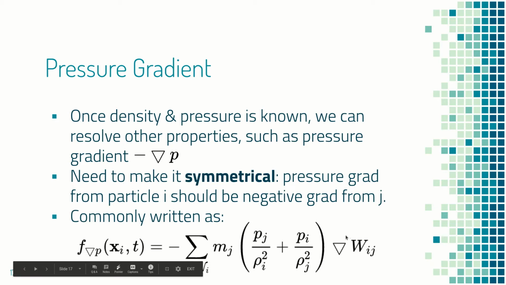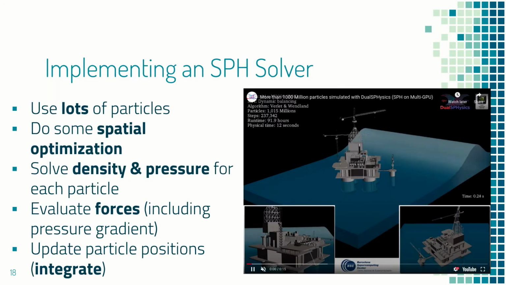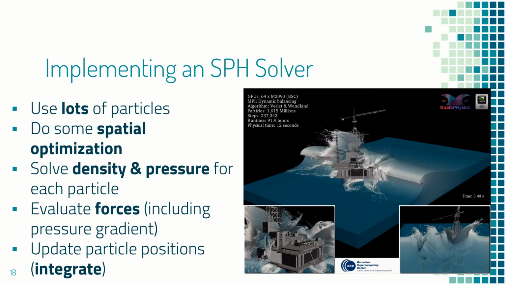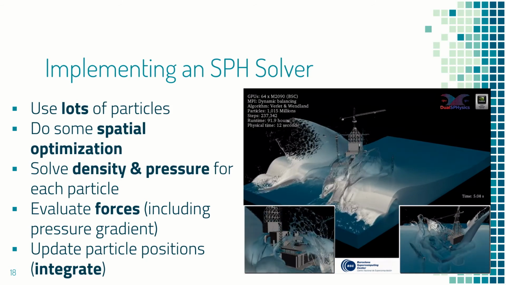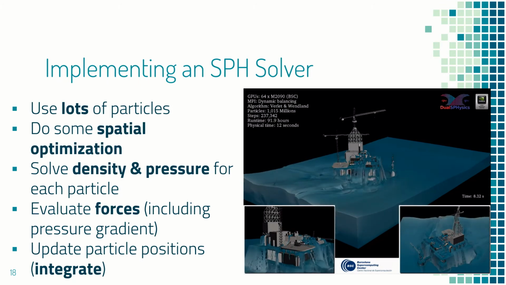This grad symbol means that we're using the gradient of the weighting function, which is a different function, and quite often we may replace that function with a different function due to the properties. But I'm not going to go into that detail. That was just to solve for the pressure gradient, which is one of the most important terms in an SPH formulation. But there are similar processes to solve for viscosity or other parameters.